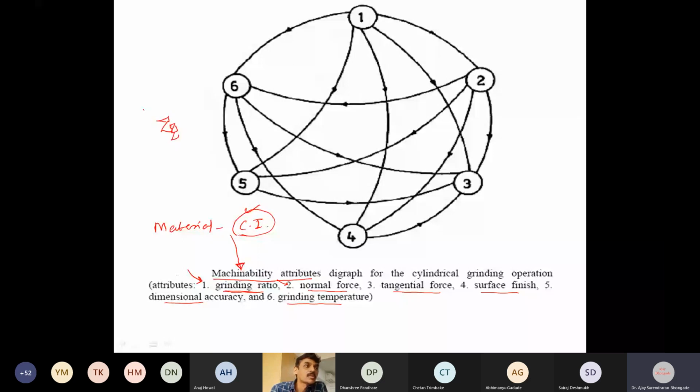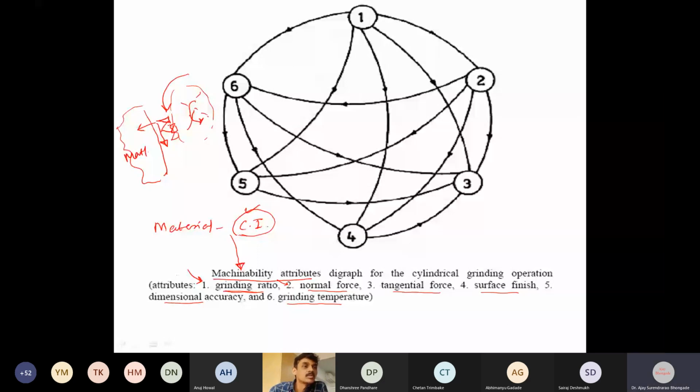The normal force acts into the material, and the tangential force, because the wheel will be revolving like this. Each of these is a multiple single point cutting tool that is part of that abrasive material, and we can have that normal force and tangential force.